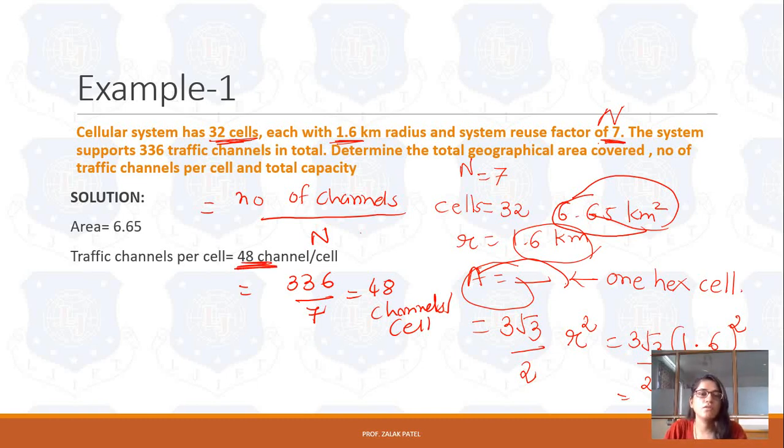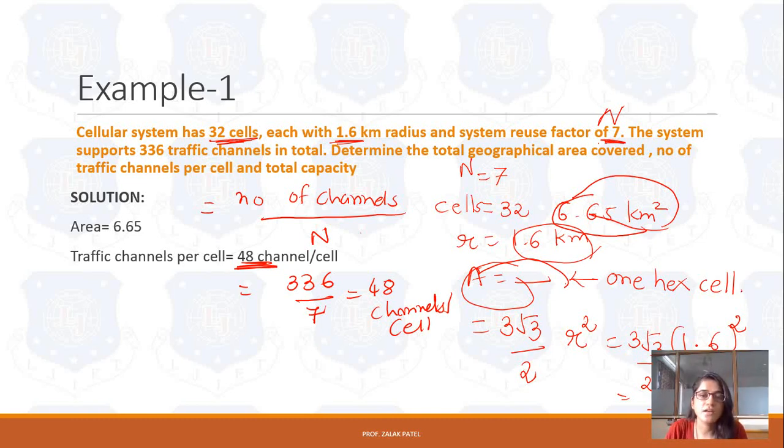Now the other question asked is to find the total capacity. Total capacity means the total number of channels, and capacity's answer is always in terms of number of channels.